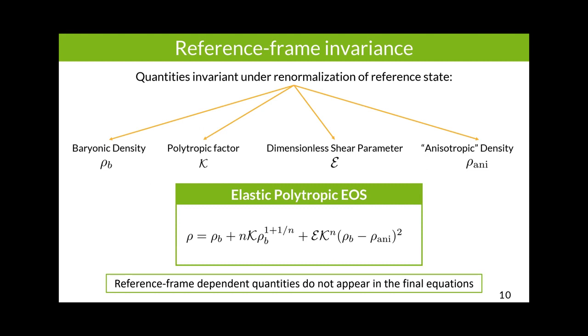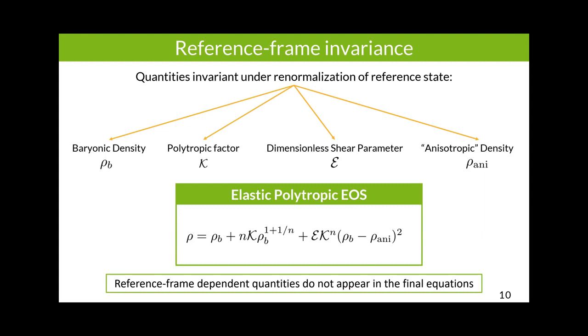And one way to see that is computing some quantities that are invariant under this normalization, and you are able to check that the baryonic density and the polytropic factor are invariant under this normalization, but also some new quantities that are computed. I'm not showing you the expressions here, but this dimensionless shear parameter and what I call an isotropic density, because I don't have any better word for that.